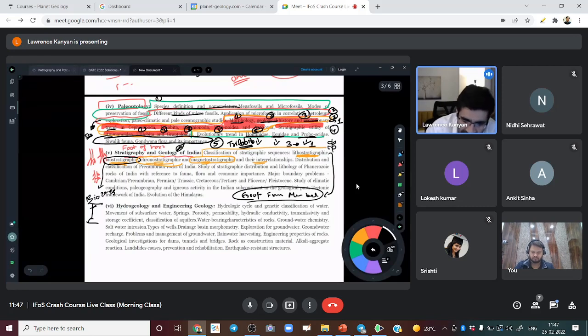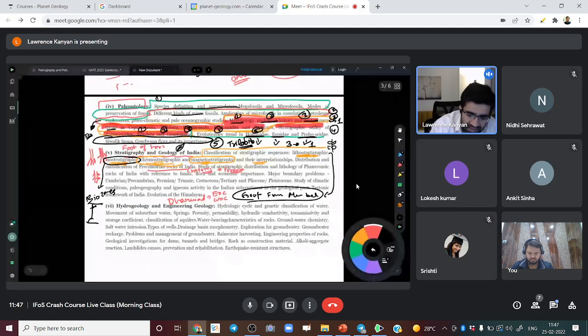The next one is distribution of Pre-Cambrian rocks of India. This will basically be cratons, and Kadapa and the Purana basins. In cratons, the most important is Dharwad. Dharwad you should know, and the difference between Eastern Dharwad Craton and Western Dharwad Craton.